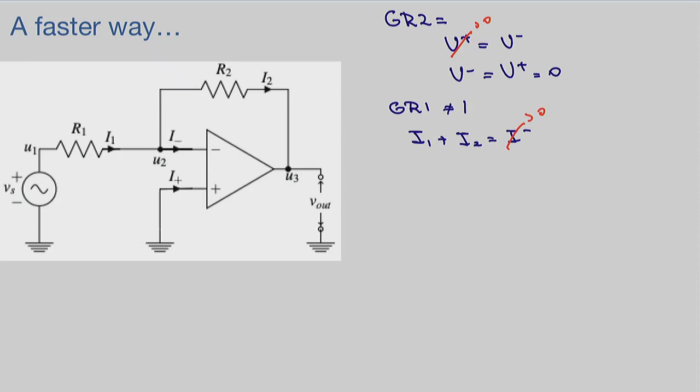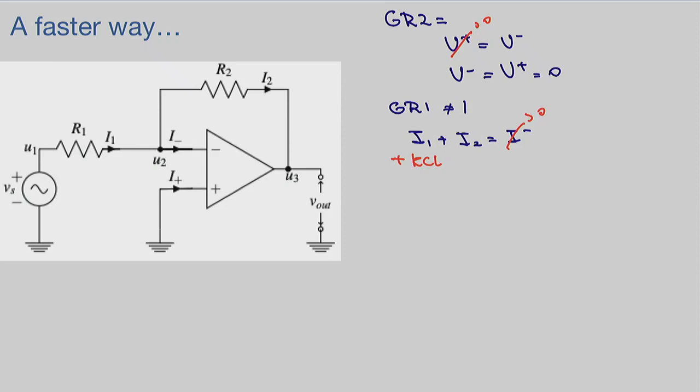Okay, now you look at your system and you say, I know what I1 is, because I1 is the current going through the resistor. And if I apply Ohm's law, so if you do golden rule number 1 plus KCL at the same time, you could write I1. What's I1?